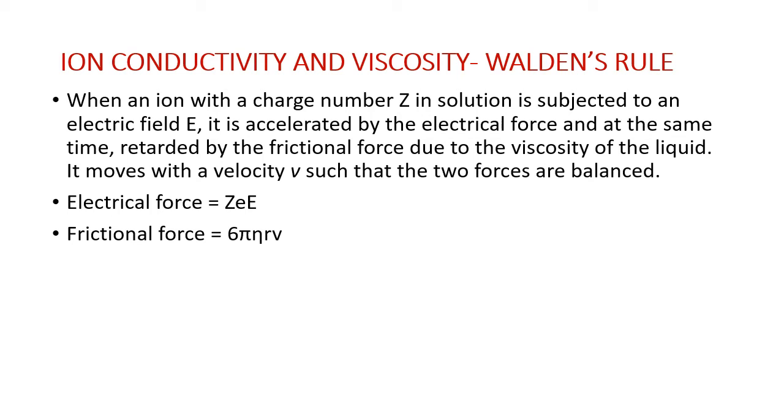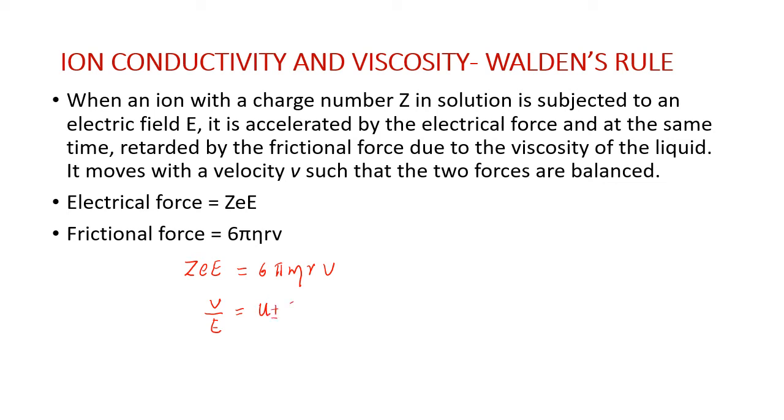So we can write Z e into E equals 6 pi eta r into v. Or we have v by E, that is the speed of the ion divided by the field, and that is the same as the ionic mobility.